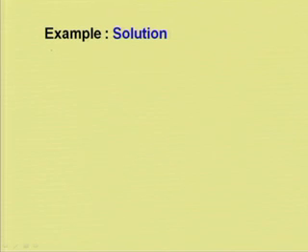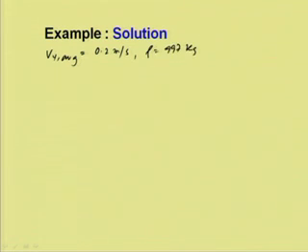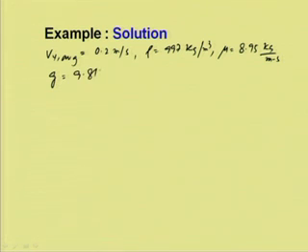Given that V y average is 0.2 meter per second, rho is 997 kg per meter cube, viscosity is 8.95 kg per meter second, and g is 9.81 meter per second square.